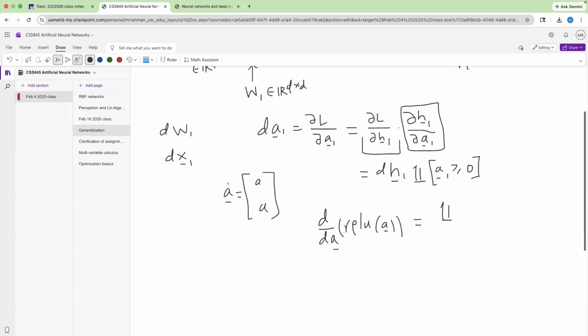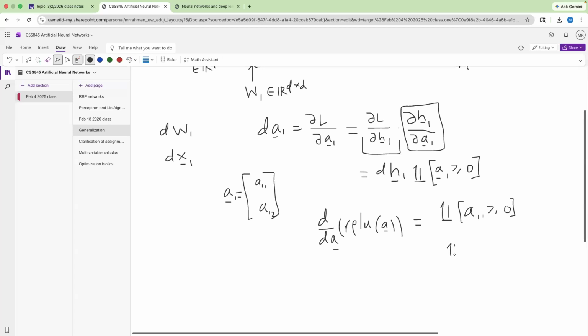Okay, let's just do this. Let's call this A1. So A11 is the first component and A12 is the second component. And then this ReLU is going to be whether A11 is greater or equal to 0. So that's for the first entry.